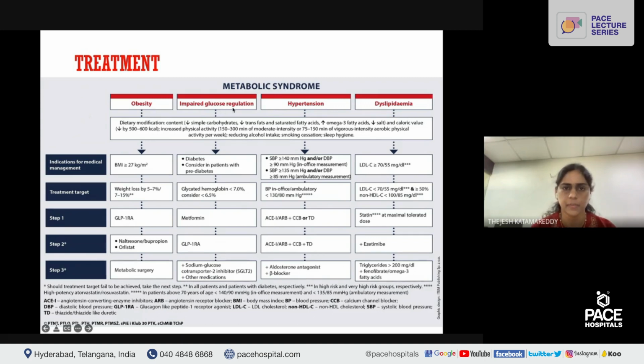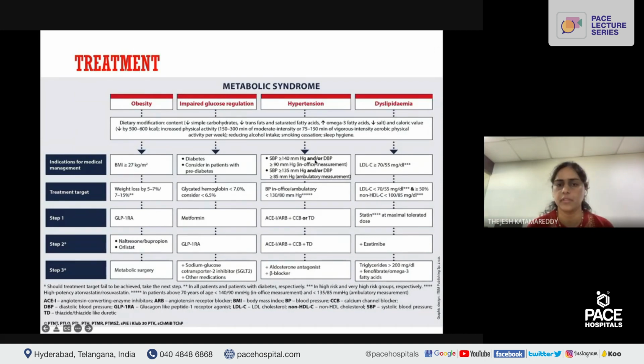Then in case of impaired glucose regulation, if HbA1c is less than 7, actually the criteria is less than 6.5, we can consider giving them treatment with metformin first, and then other medications according to the patient's glucose levels.